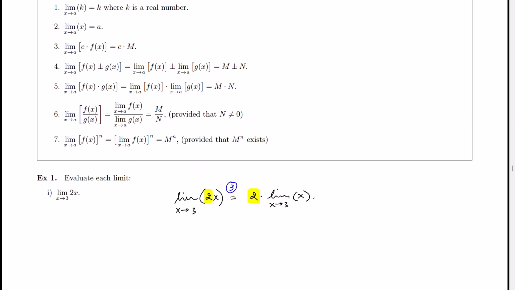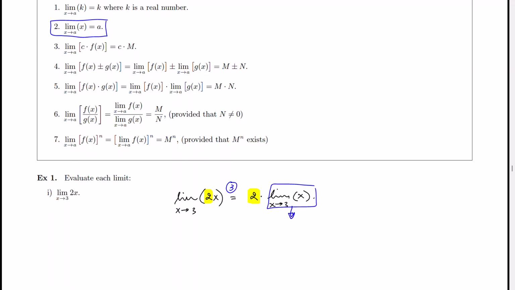Earlier we referenced another theorem: if you have the limit of x, regardless of what x is approaching, the answer is a. So the limit of x as x approaches a is equal to a. And that's exactly what I have in my problem: the limit as x approaches 3 of x.